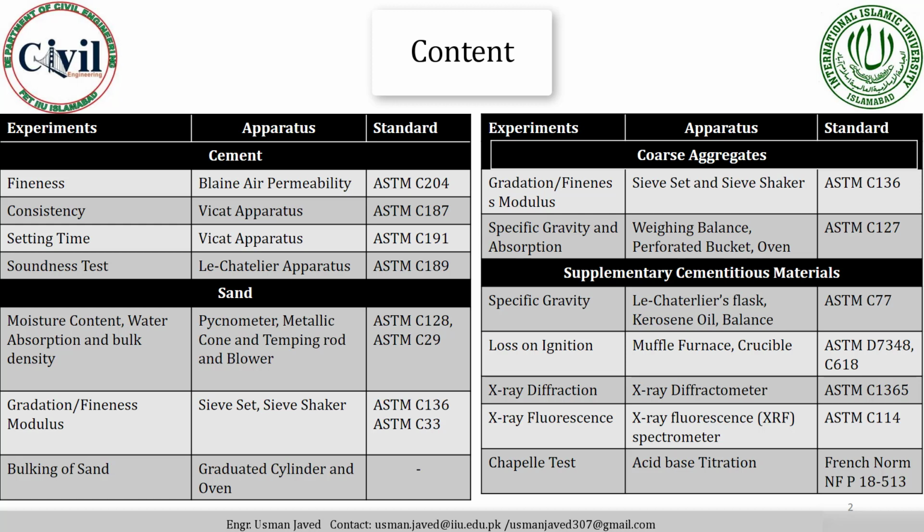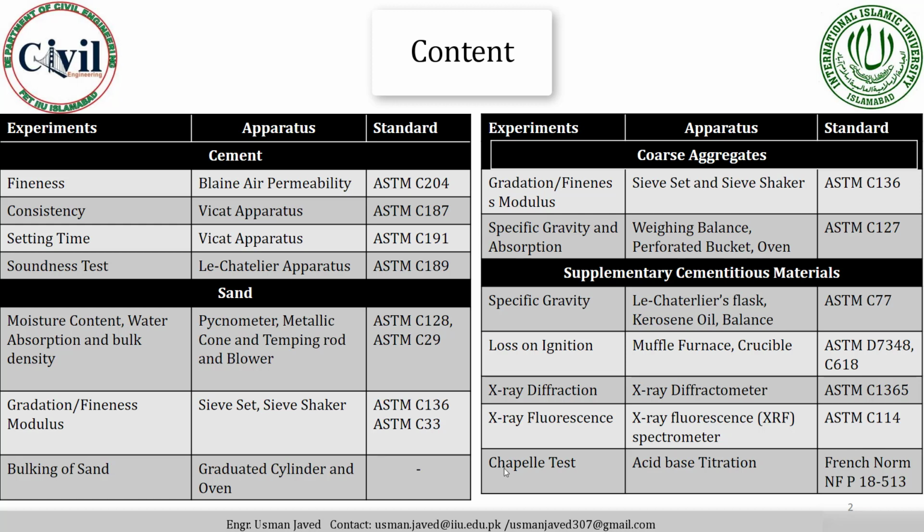Then you have the X-ray fluorescence test, in which you study the oxide composition of your sample specimen of a supplementary cementitious material, in which you have different percentage oxides of a sample after conducting this test.